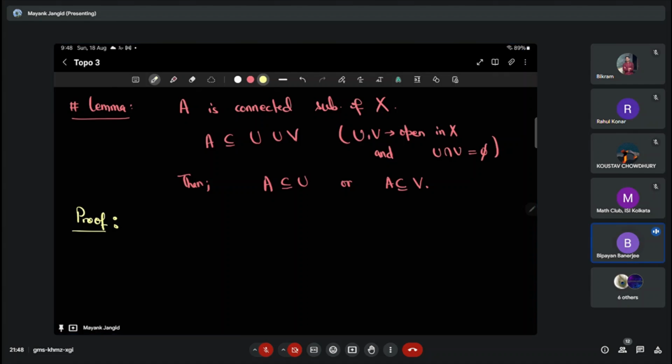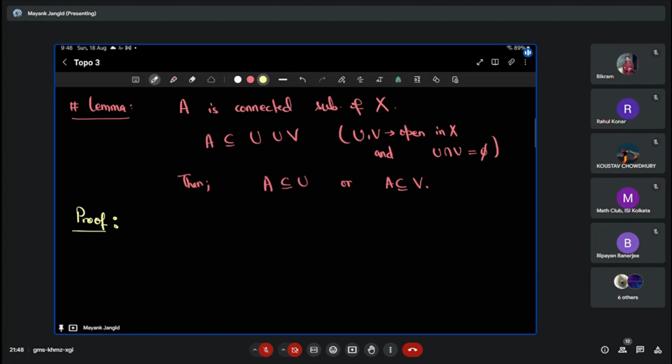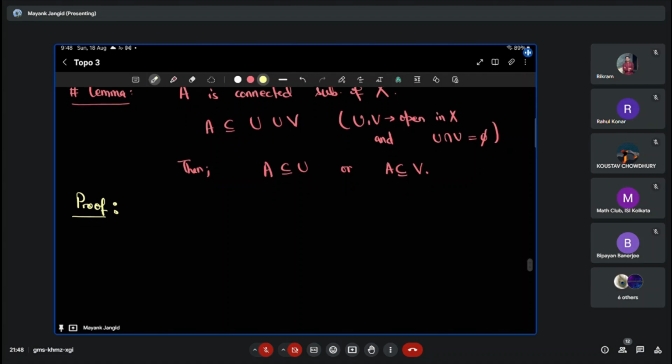If we assume not, then that will violate the connectedness of A, I guess. Yes. So if it had non-empty intersection with both, then it will contradict the connectedness of A, because open sets in A look like open sets in X intersected with A. So I will just write it quickly.